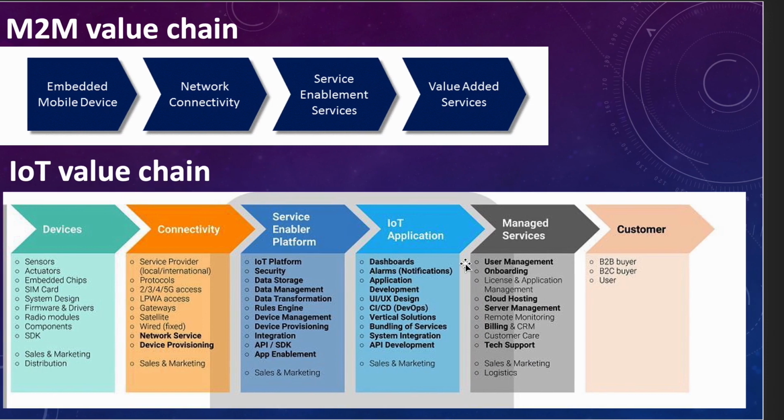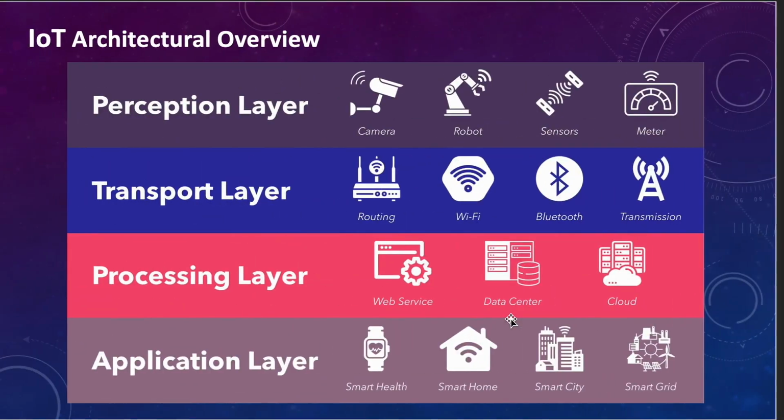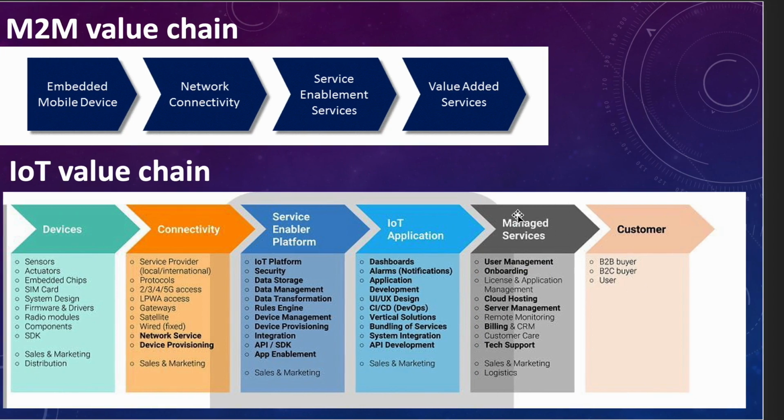So you can see, right, the four layers plus the layers that you can see in the value chain. The four layers are being represented, plus the next two links in the value chain would be the business of managing all these things, right?